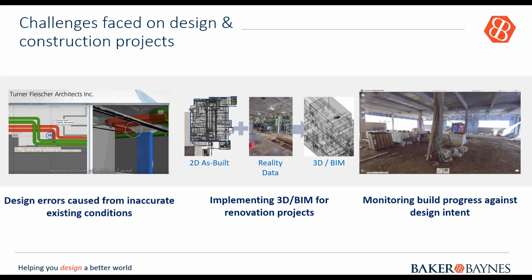We make a couple of mistakes and we're not capturing the information accurately. So that would be one of the challenges. Another challenge would be implementing BIM for renovation projects. There's a lot of rework or measure up that you have to do on site and then transfer that information onto software. That takes up a lot of time, and again, accuracy with regard to that.